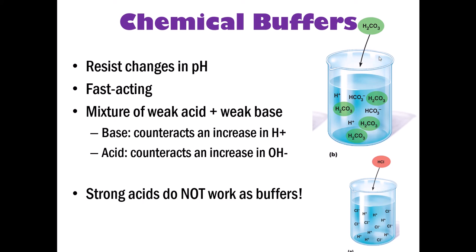The best chemical buffers are a mixture of a weak acid and a weak base. The base gets to counteract any increases in acidity, and the acid gets to counteract any increase in alkalinity.